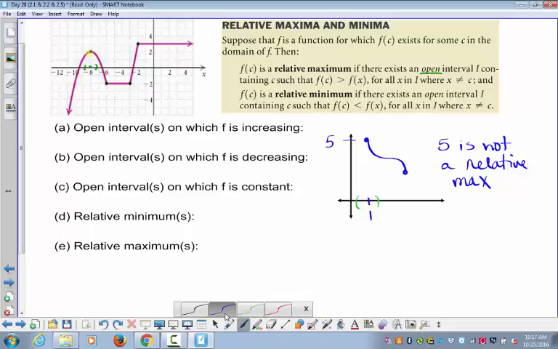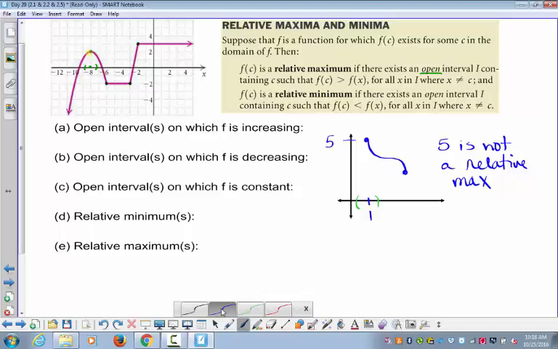Now, let's do one further bit of analysis here. If this question said, what is the absolute max? There you would say that the absolute max is 5. When we consider absolute maxes, we consider the entire function, not just the open part of the function.